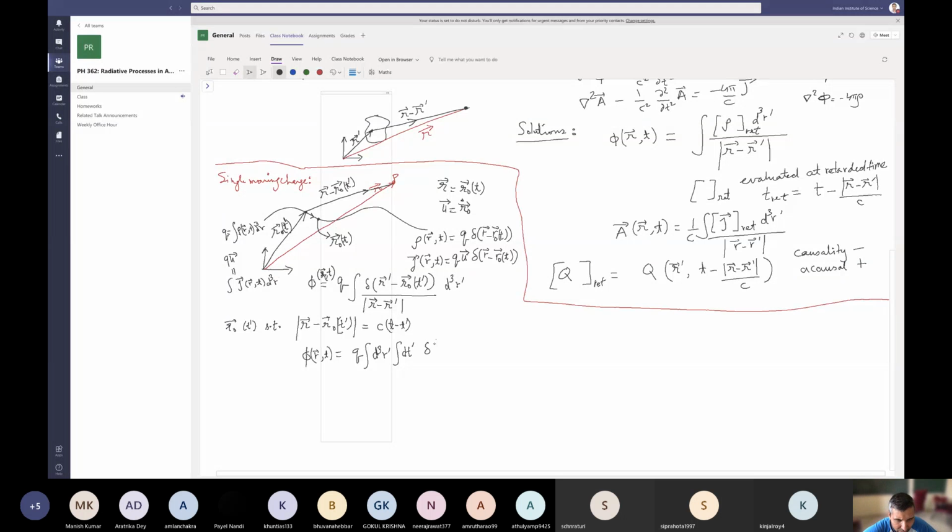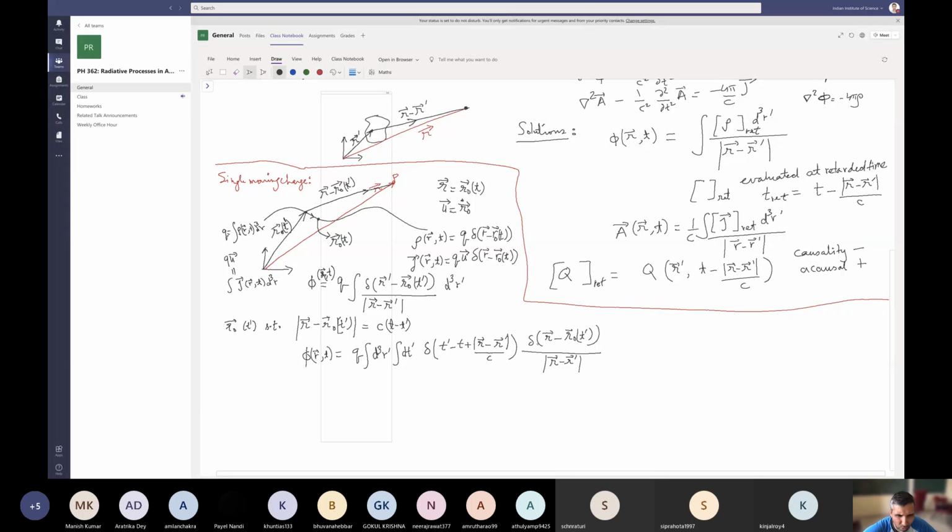But I then actually introduce a delta function such that t prime minus t plus |r minus r prime| by c, delta r minus r naught t prime, divided by |r minus r prime|.